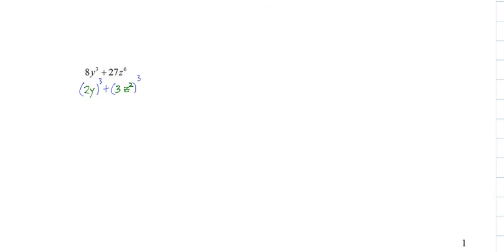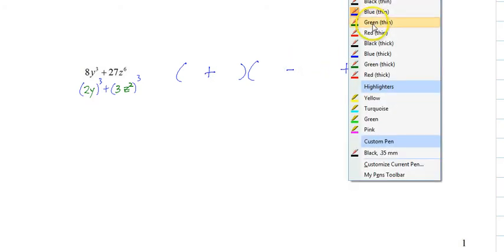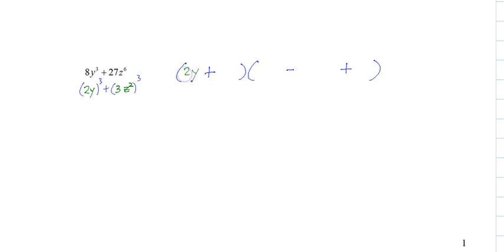So sign-wise, little parenthesis, big parenthesis, it's same, opposite, always positive. And then we can write it in, 2y, 3z squared. So it's 2y, 2y, so that's 4y squared.